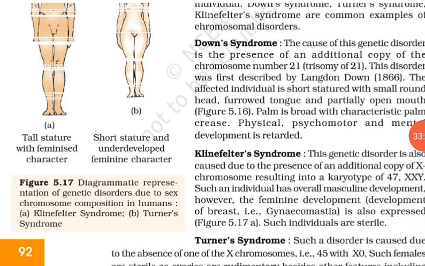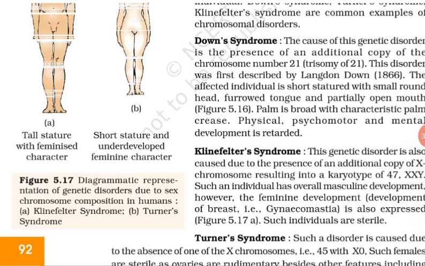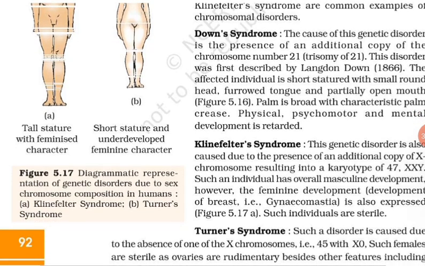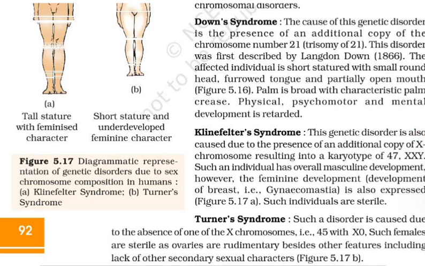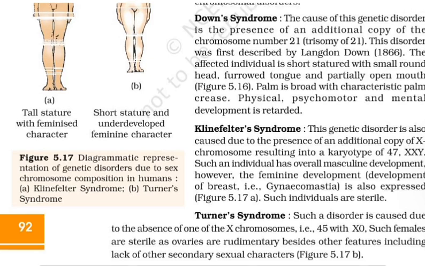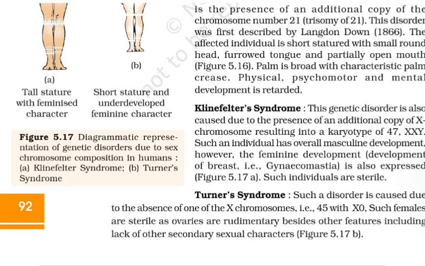Again I am repeating it. Down syndrome. The cause of this genetic disorder is the presence of an additional copy of the chromosome number 21, that is trisomy of 21. This disorder was first described by Langdon Down in 1866. The affected individual is short-statured with a small round head, furrowed tongue, and partially open mouth. क्या क्या?